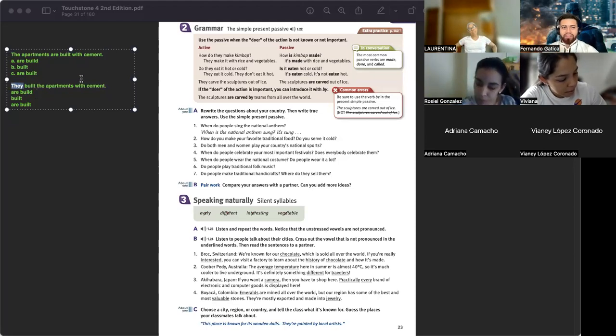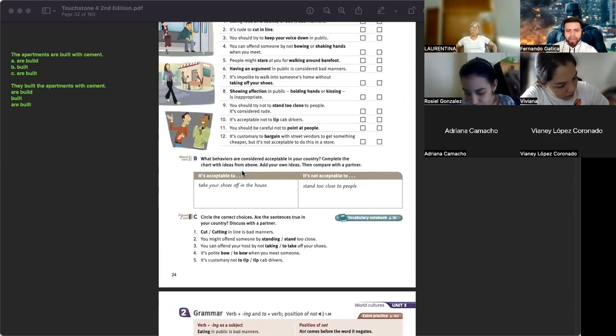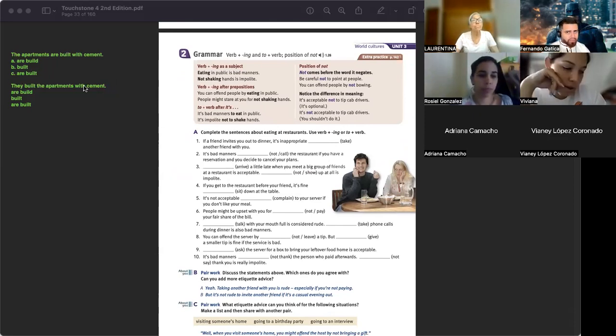Okay, very good, very good. And the last lesson that's going to be on this test is the one with manners, page 25. Here, you need to know when to use gerund, when to use infinitive.